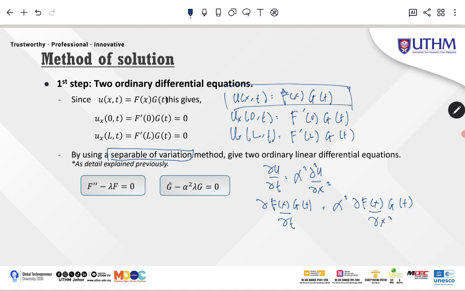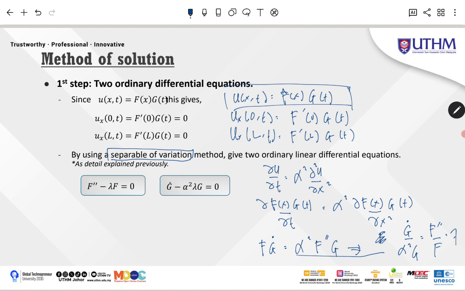So from here we have f g dot equal to alpha squared f double prime g, and then we can split into two equations since this is a constant. We have g dot over alpha squared g equal to f double prime over f, and this is equal to lambda.